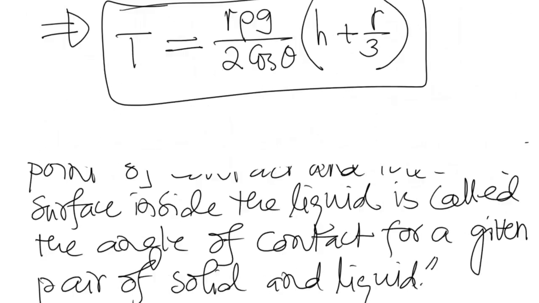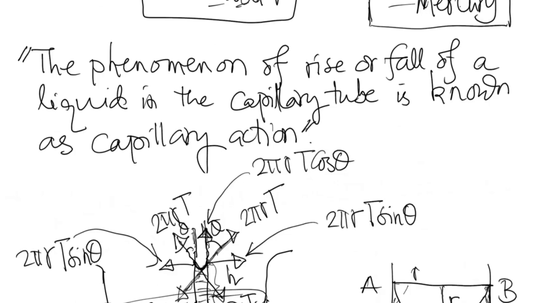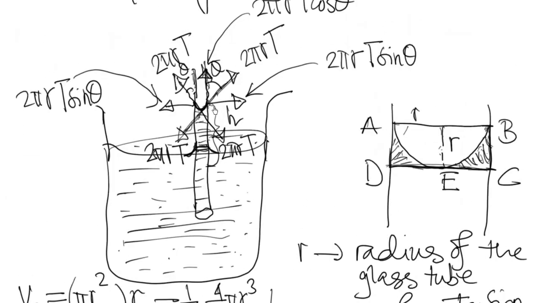One word I should mention here: the upper surface of the liquid inside that tube is curved, and this is known as meniscus.